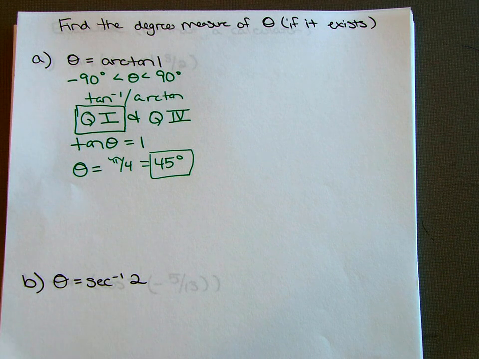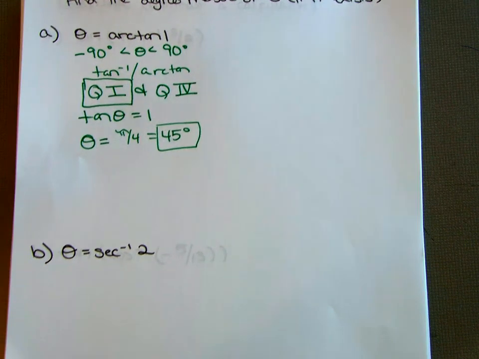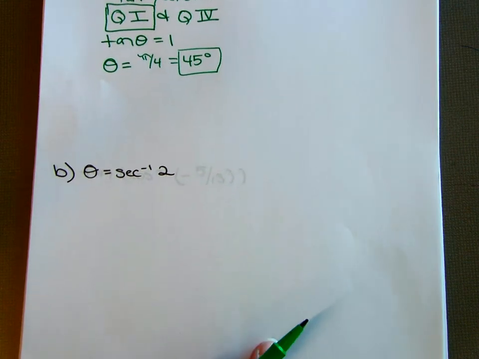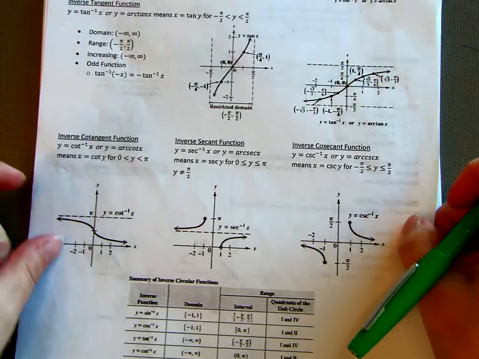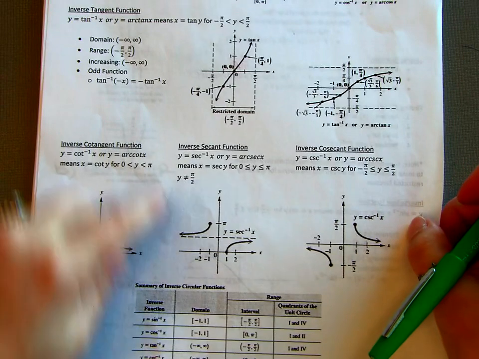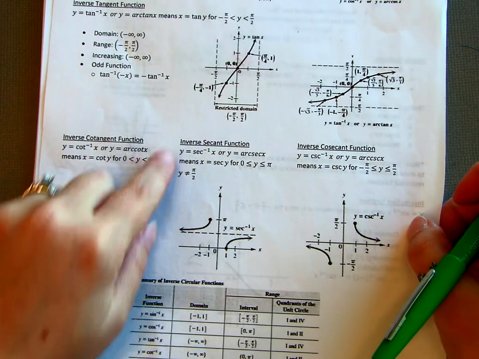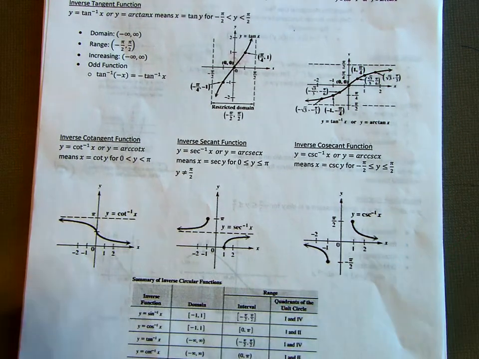Okay, let's look at theta equals secant inverse, or arcsecant, of 2. So this is one we didn't play around with at all last time. So if we look at our notes page, secant, or inverse secant, is right here in the middle of the 3, towards the bottom.